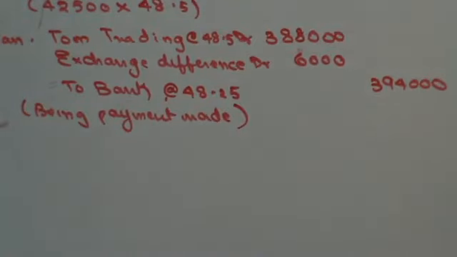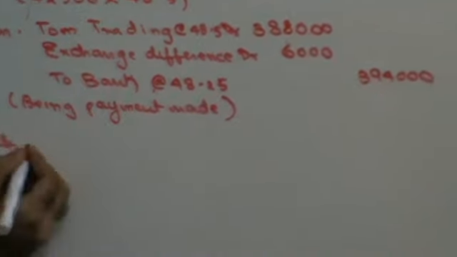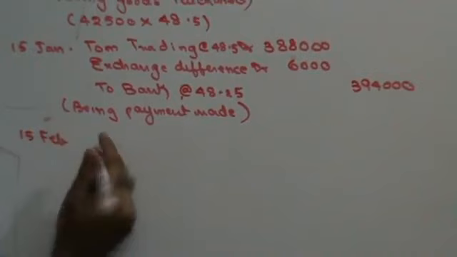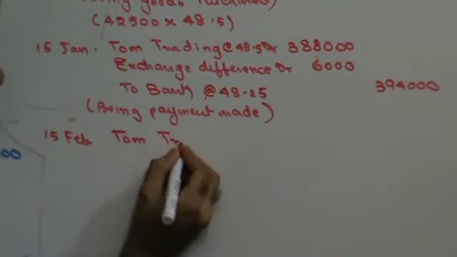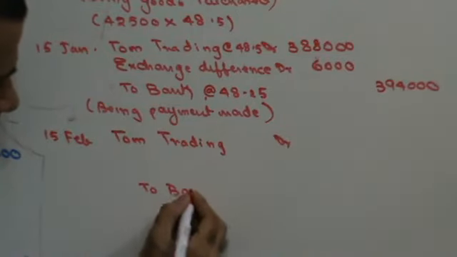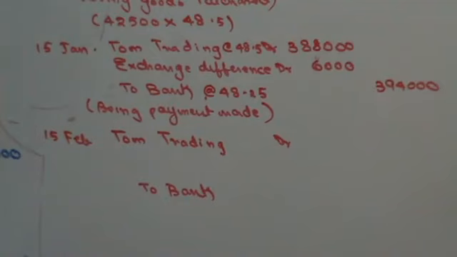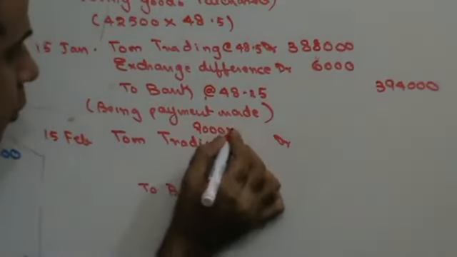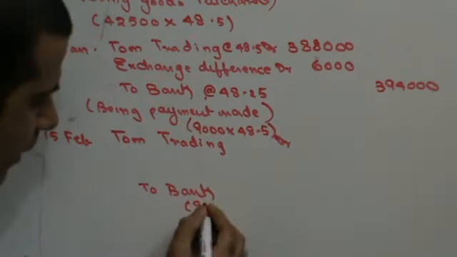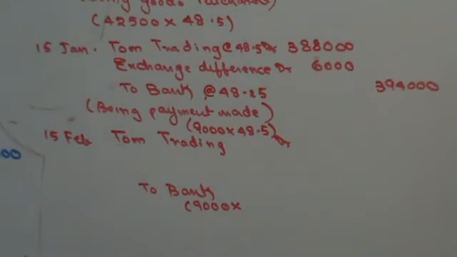Right? Next, after 15th Jan, the next payment is on 15th Feb. On 15th Feb, you made a payment of $9,000. Tom Trading account debit to bank. You had purchased at the rate of 48.5, and when you make the payment, the dollar rate on 15th Feb is 48.25.